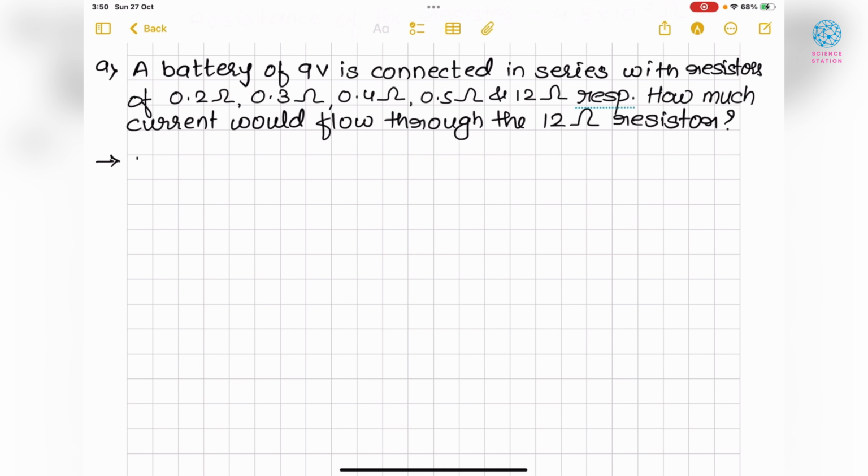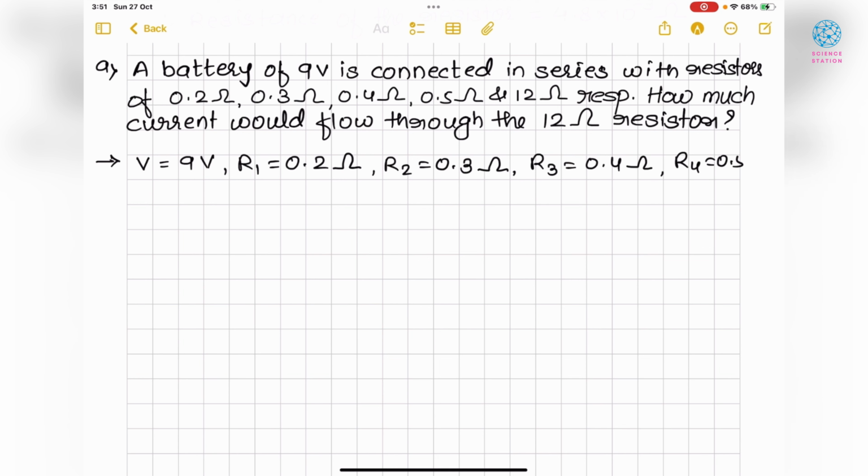So, here I am given V equal to 9 volt, R1 is 0.2 ohms, R2 is 0.3 ohms, R3 equal to 0.4 ohms, R4 equal to 0.5 ohm and R5 equal to 12 ohms.